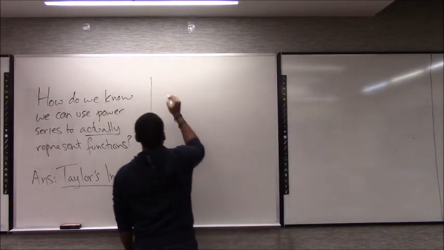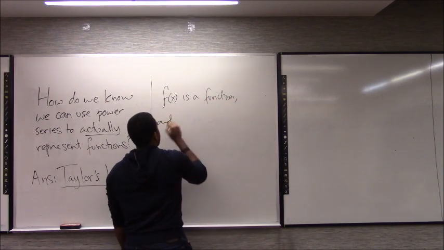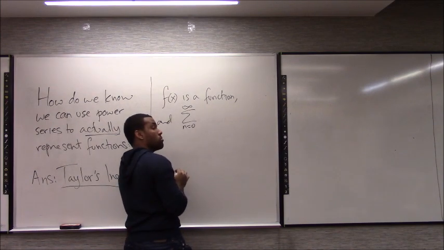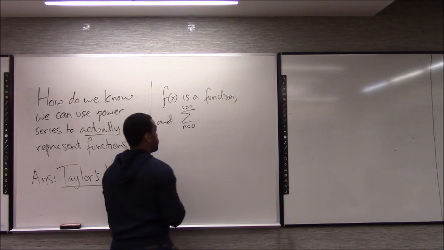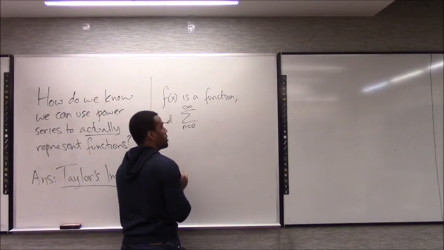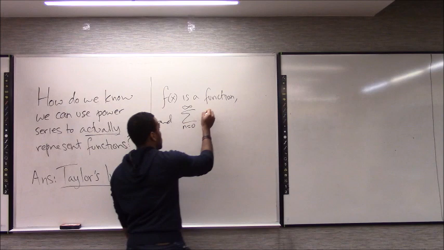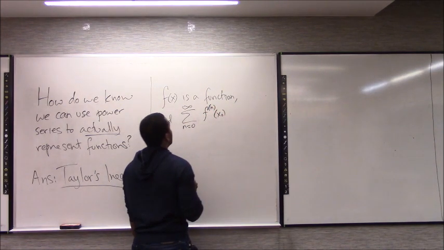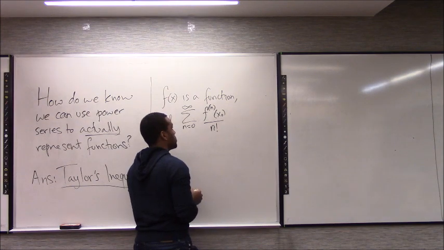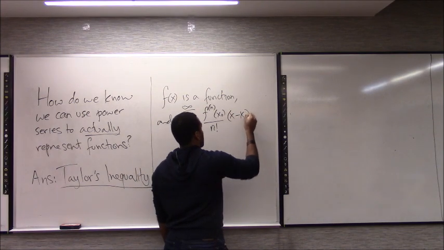So let f be a function. And what's the form for its Taylor series, centered at x naught? f to the nth derivative at x naught over n factorial, times x minus x naught to the nth power.